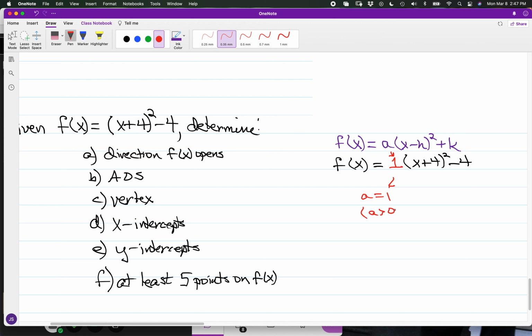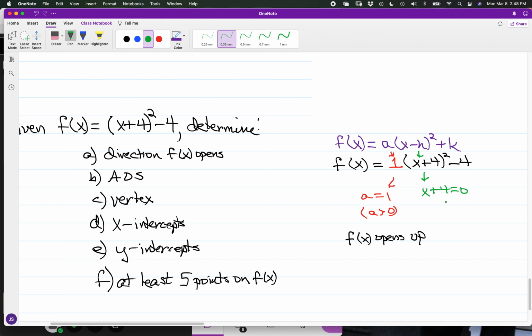A is positive, so f of x opens up. Again, x minus h is represented by x plus 4.